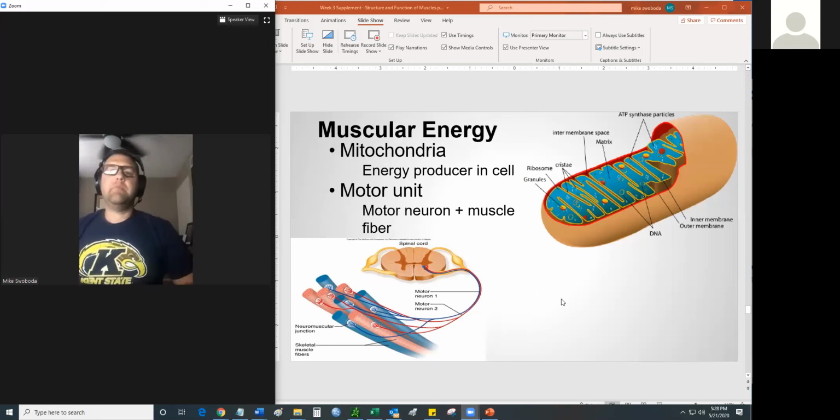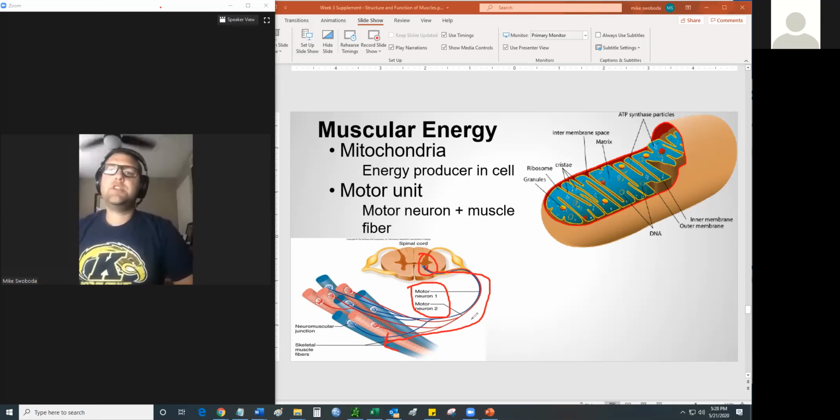And a motor unit, just so we're aware, is a motor neuron plus a muscle fiber. So what we can see here is that your motor neurons are the nerves that connect from your spinal cord, or from your central nervous system, to the muscles themselves.